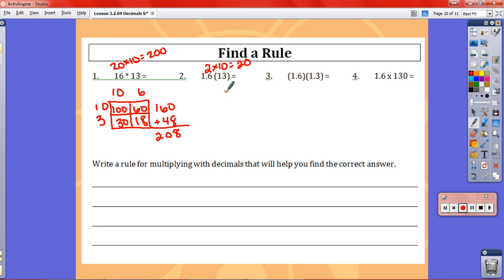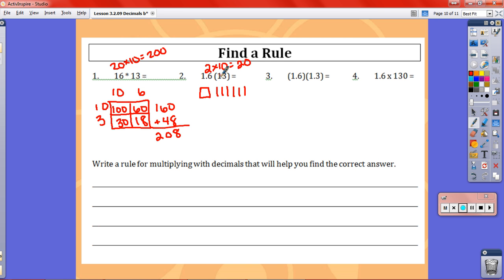And if I used one of my rules, one of my methods that I've learned, what would be a good method? I would let the kids choose their own method. So let's do 1 6/10.